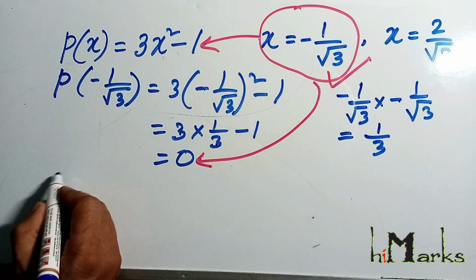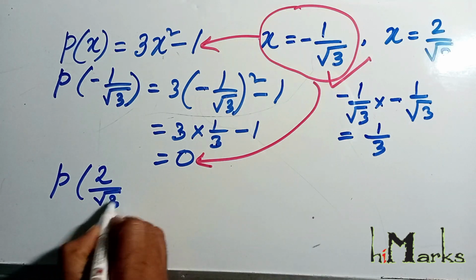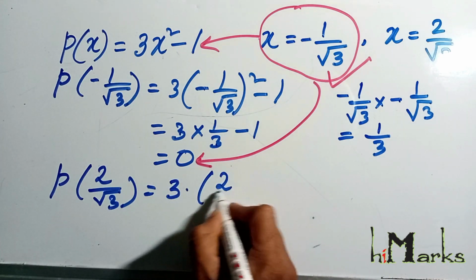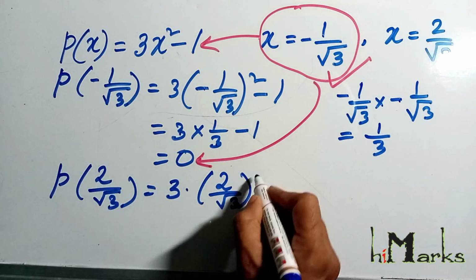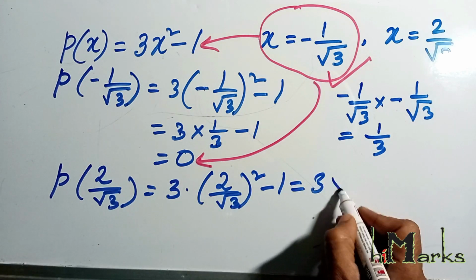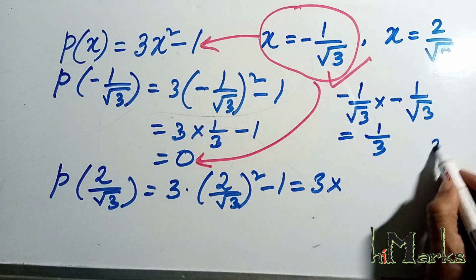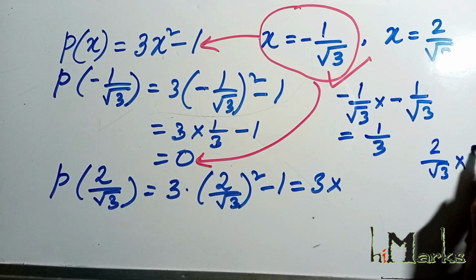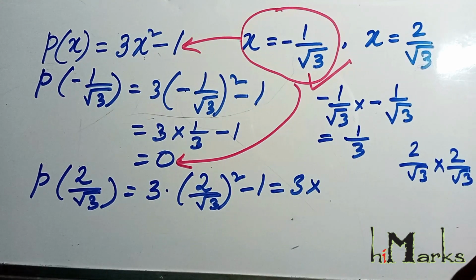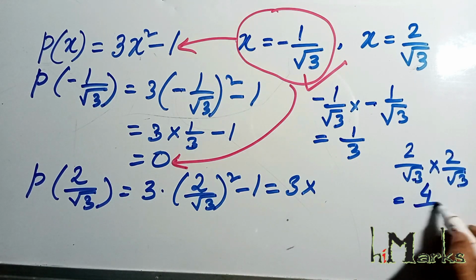Same way, let us test for 2 by root 3. So let us replace in the equation: 3 into 2 by root 3 whole square minus 1. If you multiply twice, you can calculate here. If you are confused, write it separately and do the calculation clearly. 2 2 is 4, root 3 twice is 3.